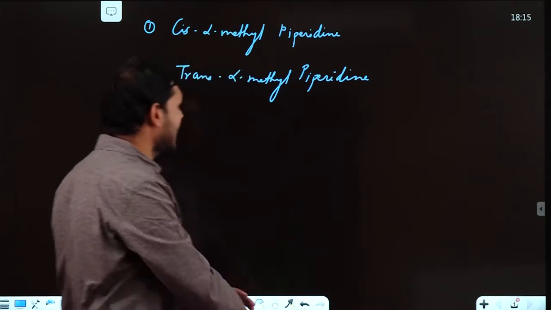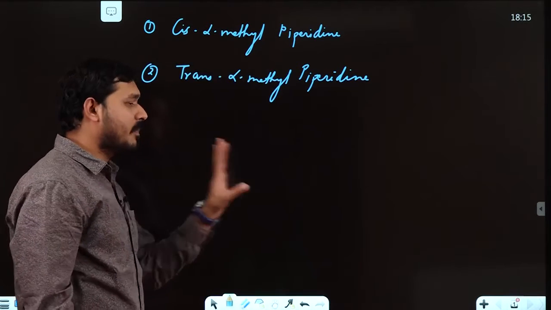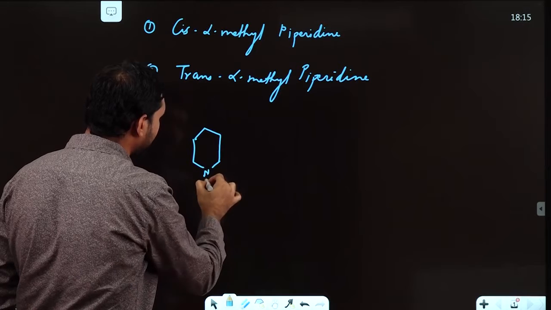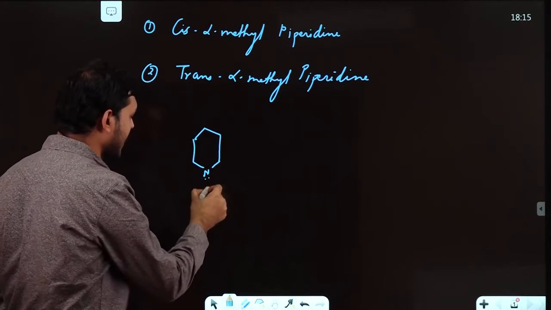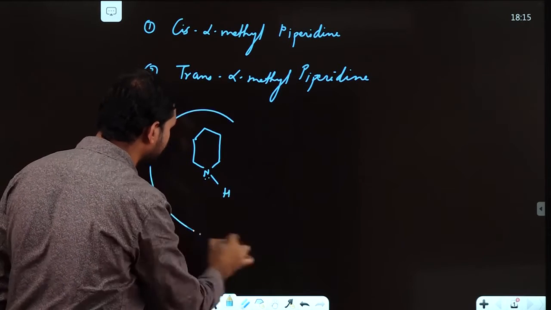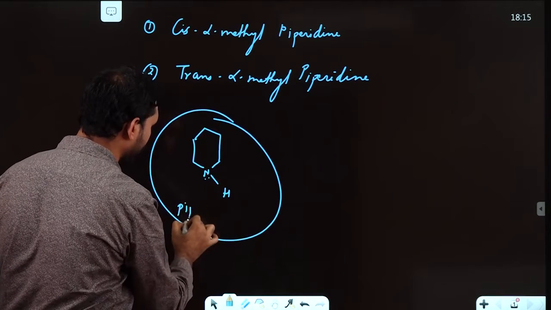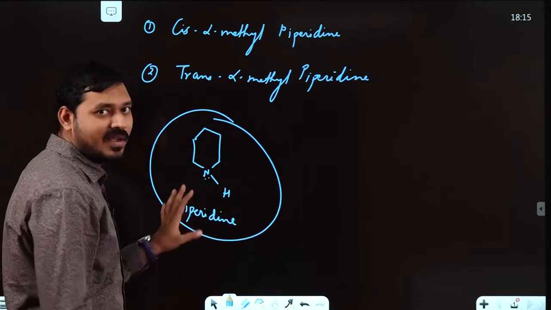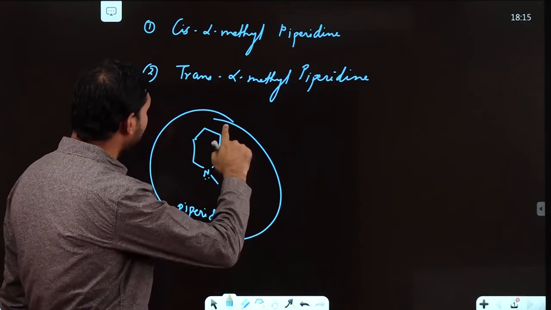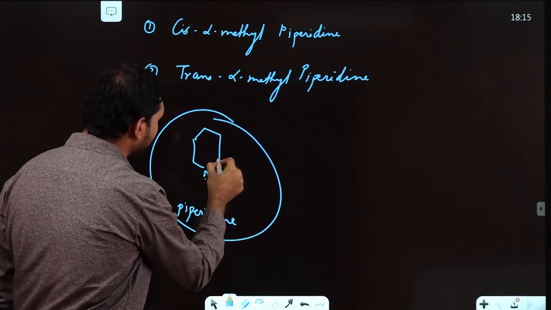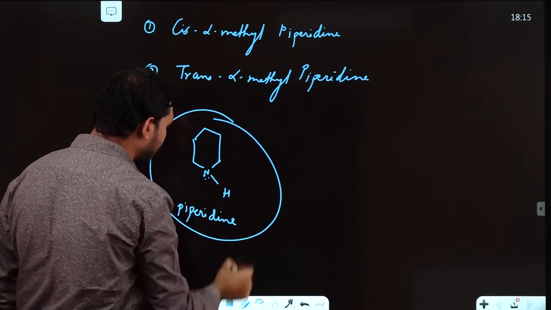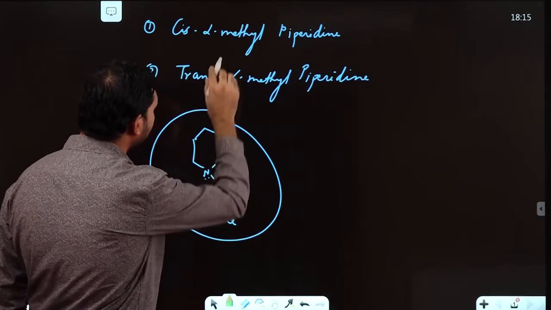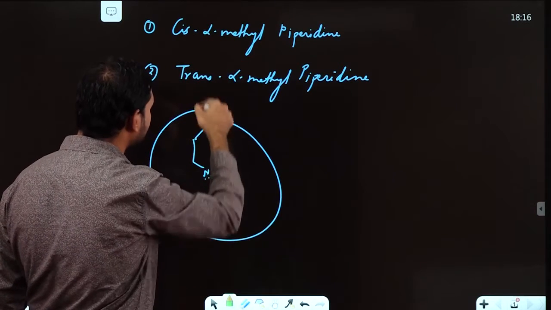So students, as I told, piperidine means simply this structure, nitrogen having lone pair and one hydrogen atom. This is your piperidine. Now alpha methyl means the alpha position with respect to this nitrogen will be this position. So this position will be your methyl, in this case cis, and in this case trans.